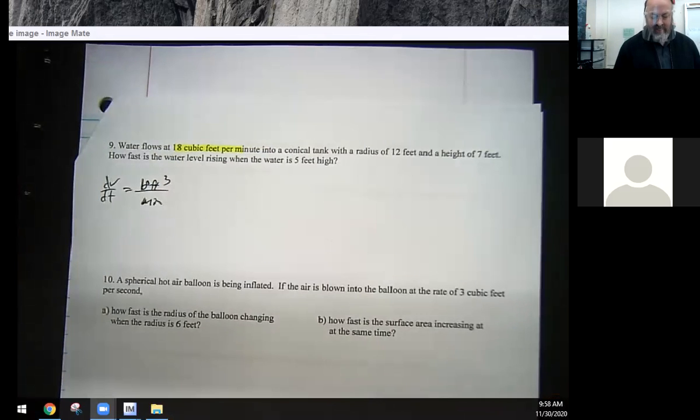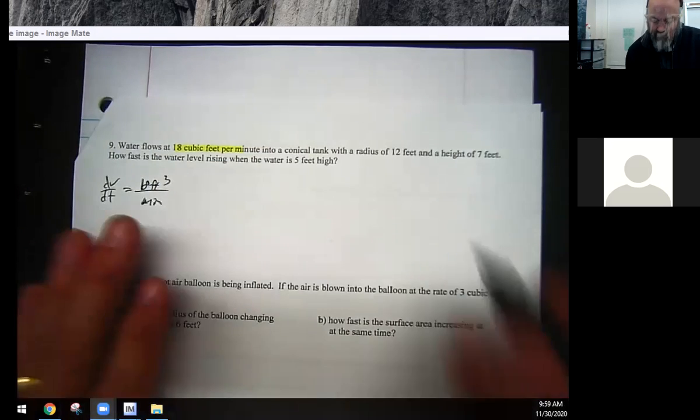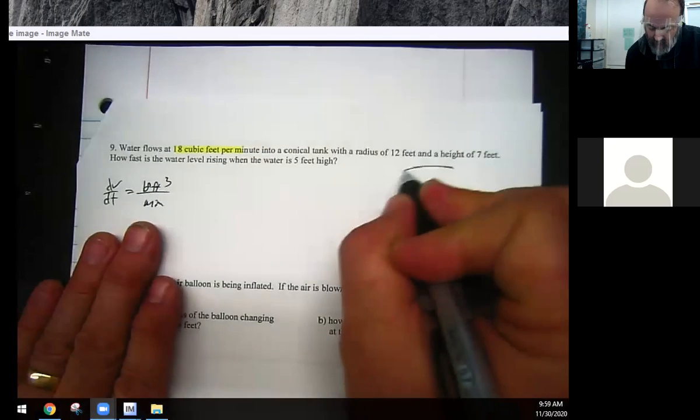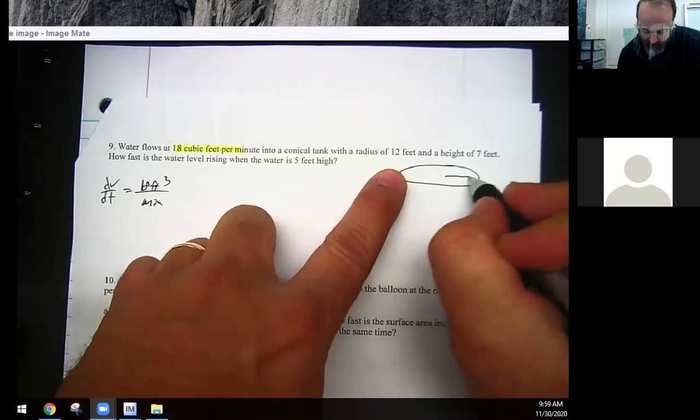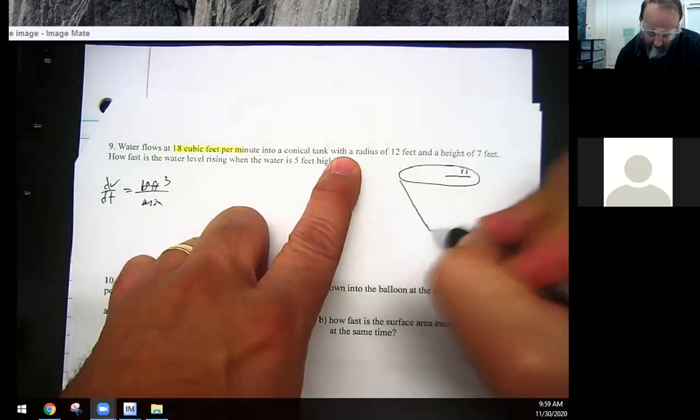Into a conical tank with a radius of 12 feet and a height of 7 feet. So we've got this look right here: a radius of 12 feet and a height of 7 feet.